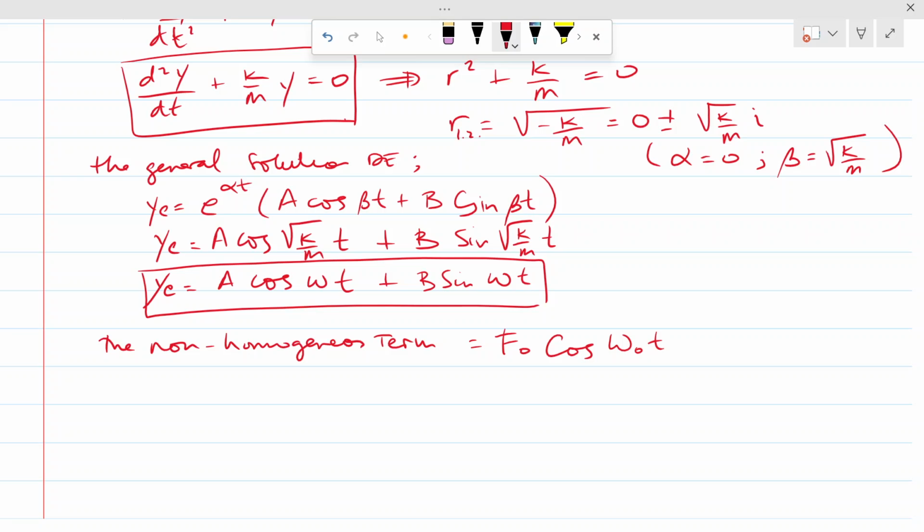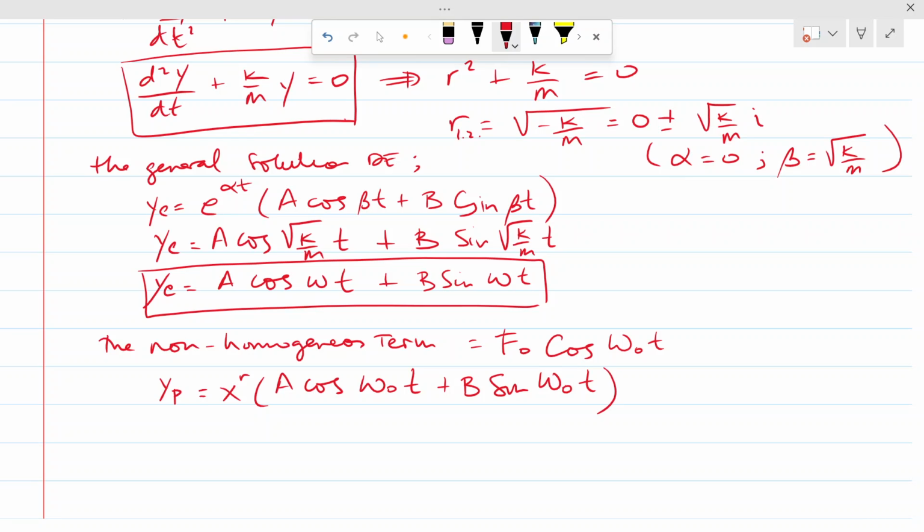So the differential equation with this type of function will have a general solution, we call it yp, in the form of x to the power of r times a cos w naught t plus b sin w naught t.